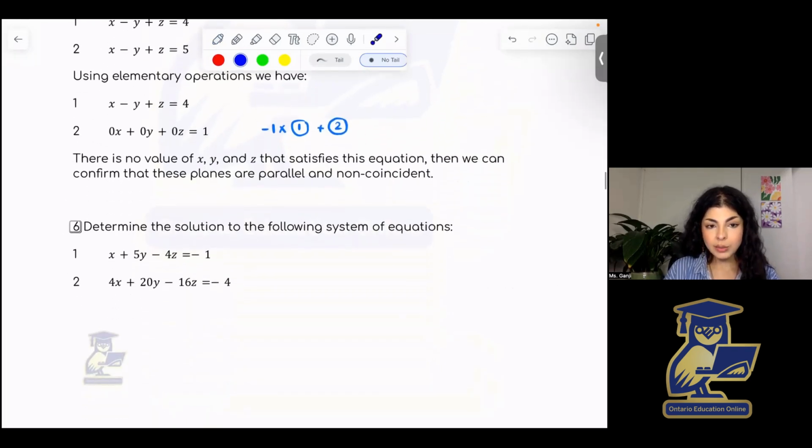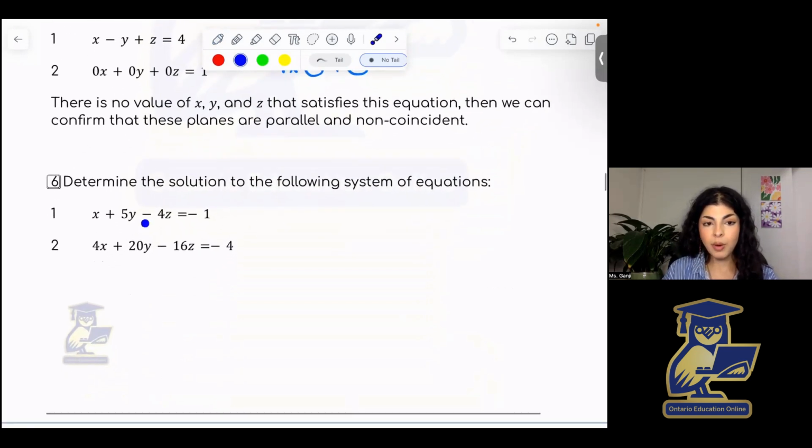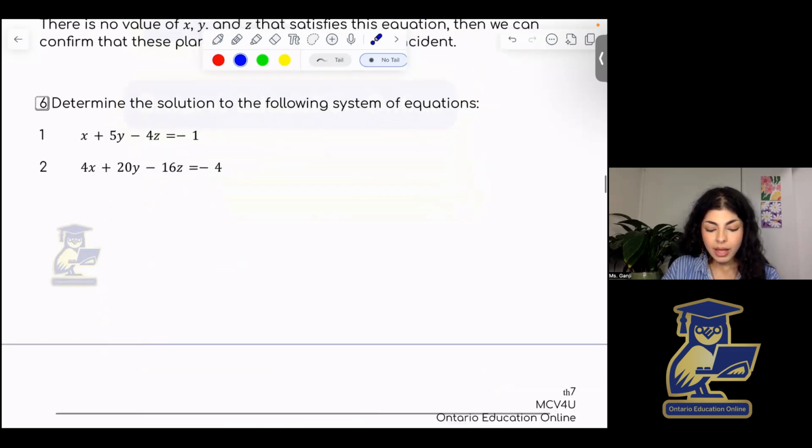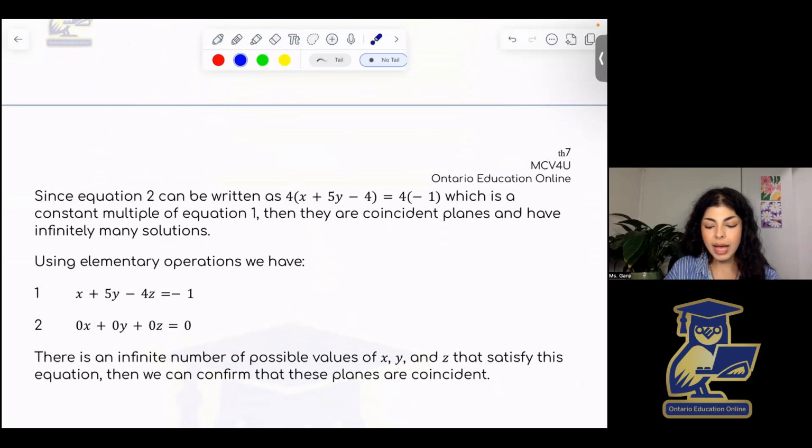So let's look at this next one now. We have x plus 5y minus 4z is equal to -1. And then our second equation, and these could be equations of planes, right, is 4x plus 20y minus 16z is equal to -4. Now, equation 2 can be written as, if I factor out the 4 from both sides, this is really just equation 1 multiplied by 4. So we can conclude that these two are coincident planes and have infinitely many solutions.